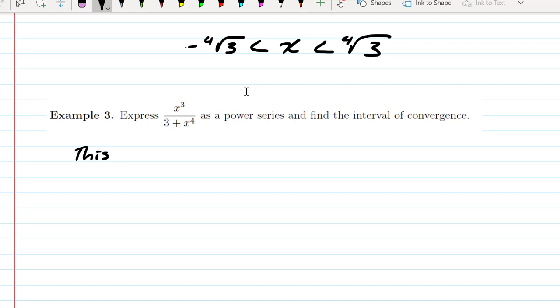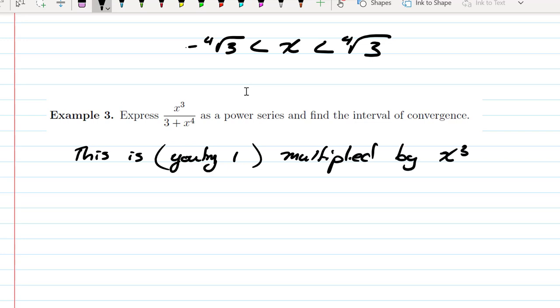So this is similar to the your try. So specifically, this is your try 1 multiplied by x cubed. Because if you wrote it this way, it's x cubed times 1 over 3 plus x to the 4th.